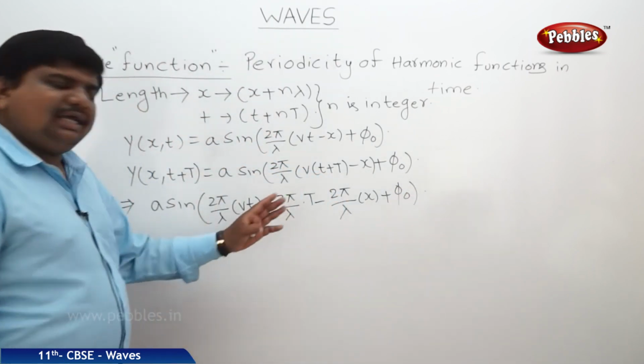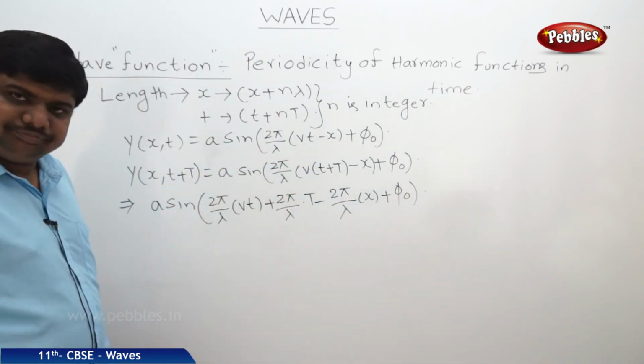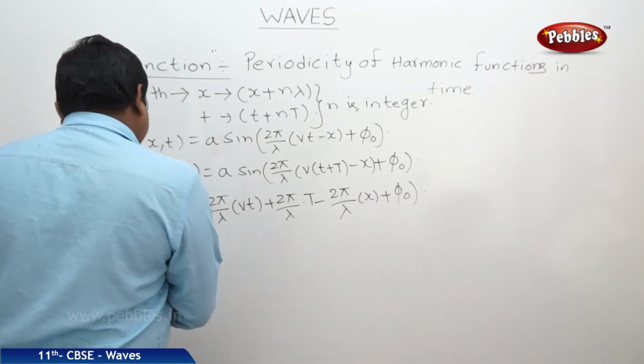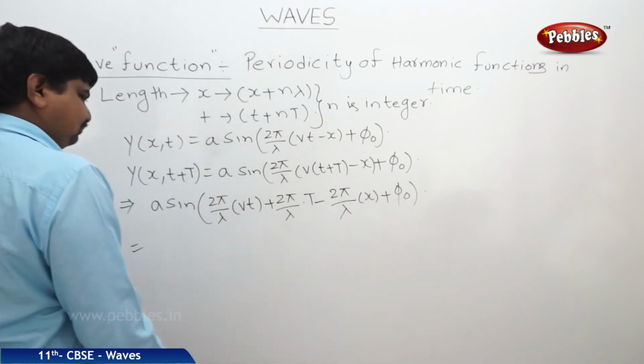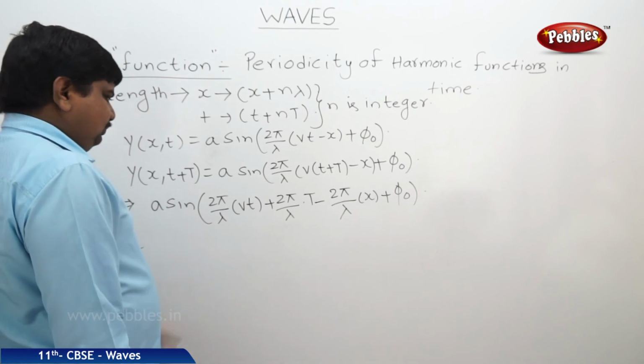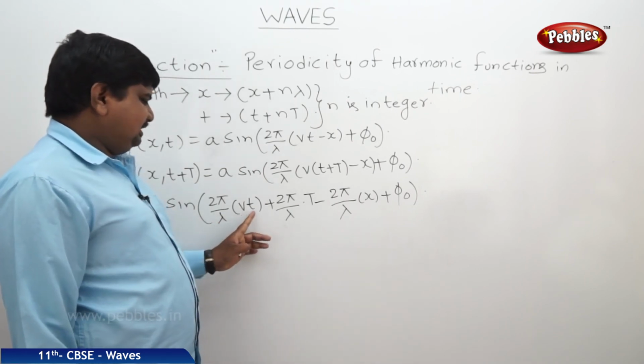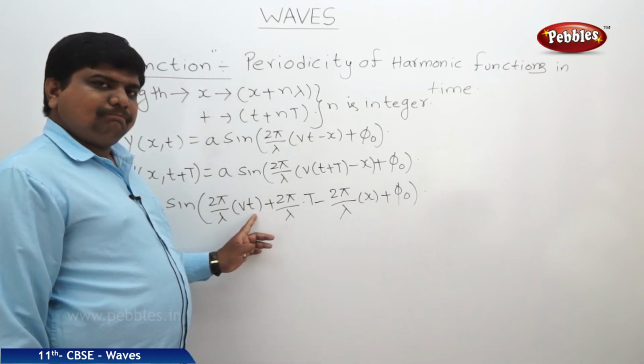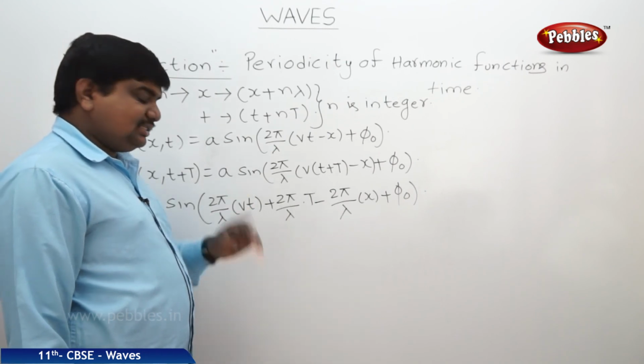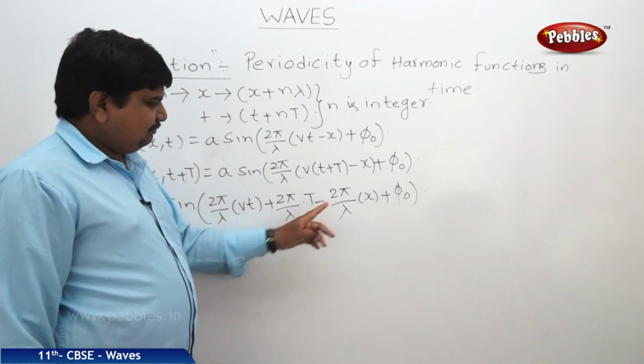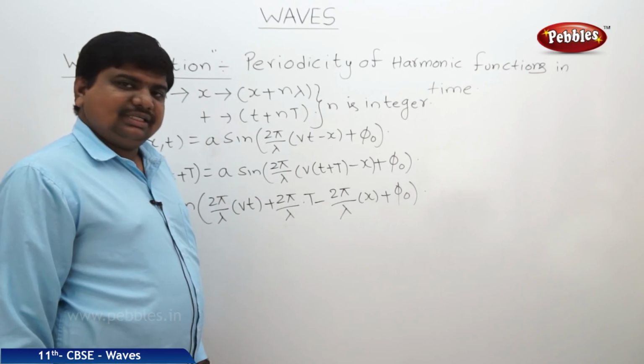We did a simple expansion of the form. So in 2 pi by lambda, v T, the lambda gets cancelled.